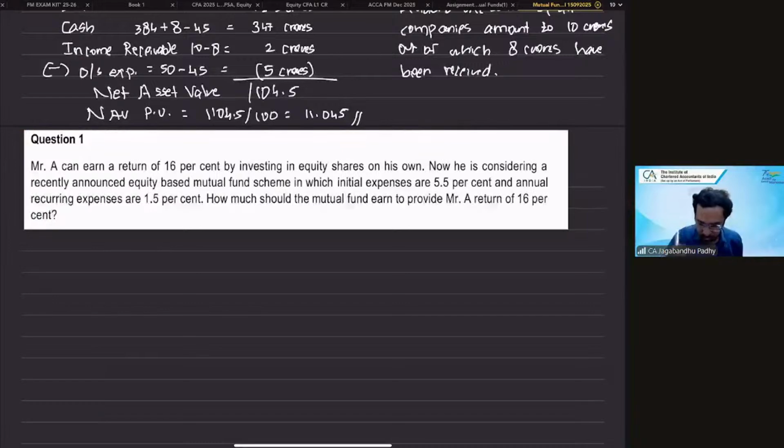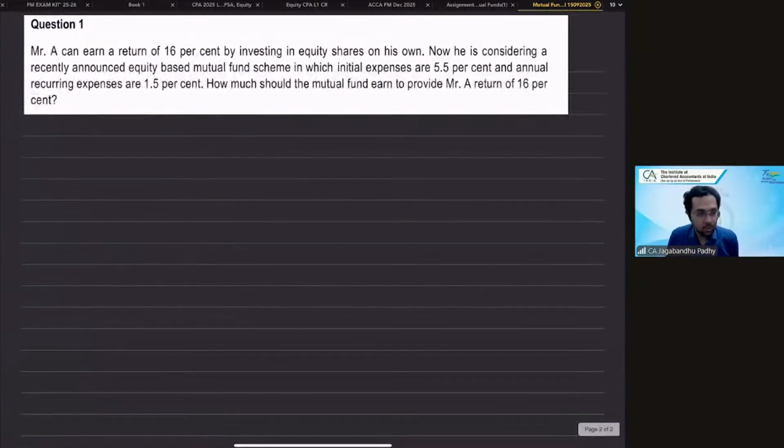Okay, so this is a very much debatable question, or a question which normally comes to our mind. So let's say Mr. A can earn 16% by investing in equity shares on his own. So this investor A is confident that he can earn 16% by investing on his own with his limited knowledge.